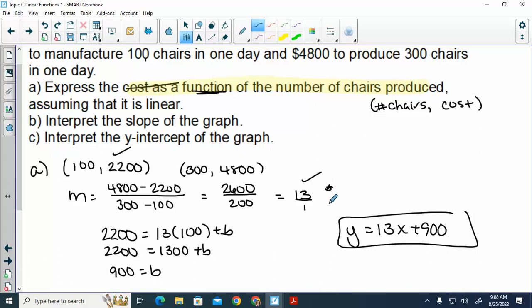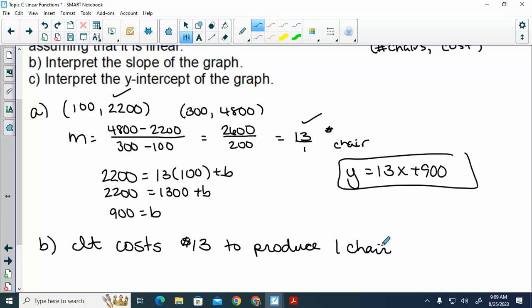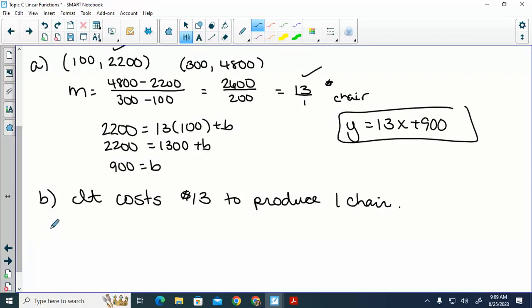A division is like a per, and the denominator, my 100 and my 300, those were chairs. So what it means is it costs $13 to produce one chair, where the cost is $13 per chair.